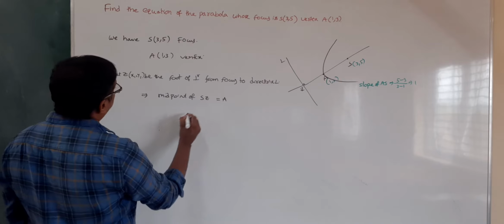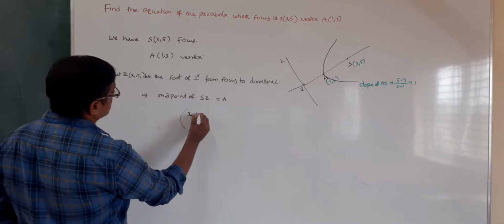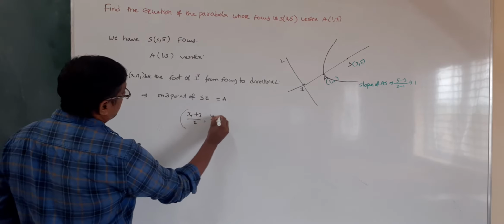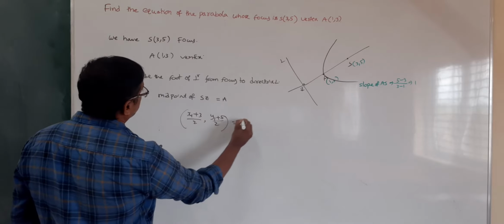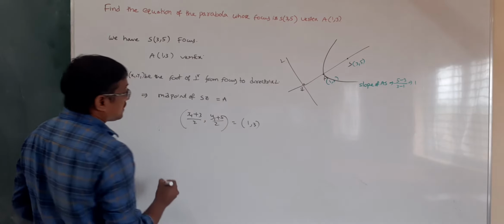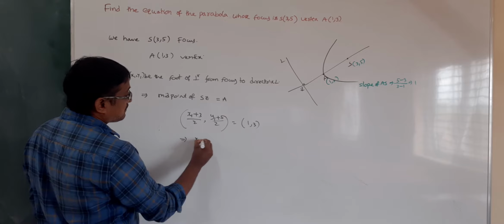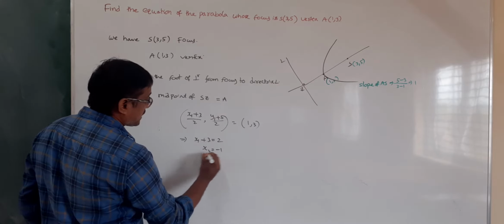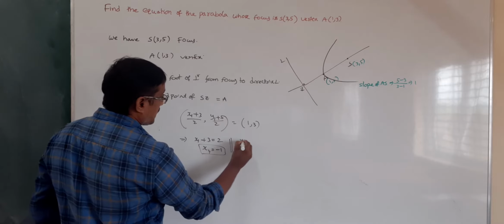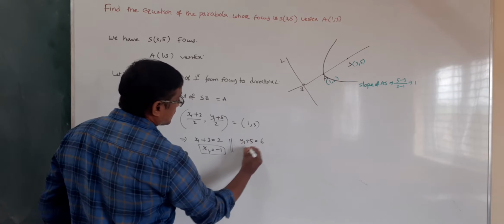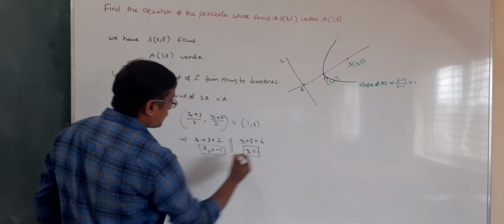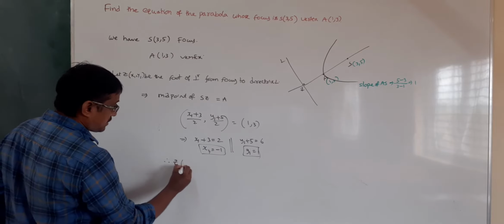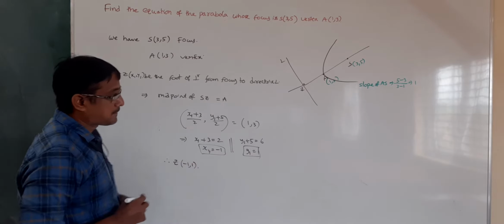Now the midpoint of SZ is ((x1 plus 3) by 2, (y1 plus 5) by 2), which is equal to A (1, 3). So x1 plus 3 is equal to 2, x1 is equal to minus 1, and y1 plus 5 is equal to 6, y1 is equal to 1. Now you have Z (minus 1, 1).